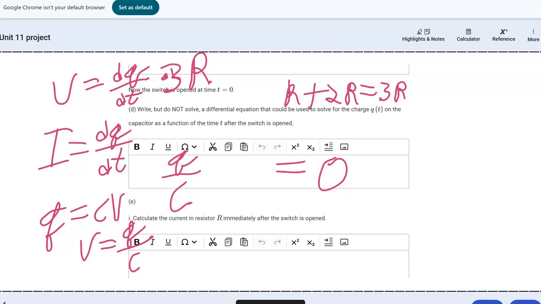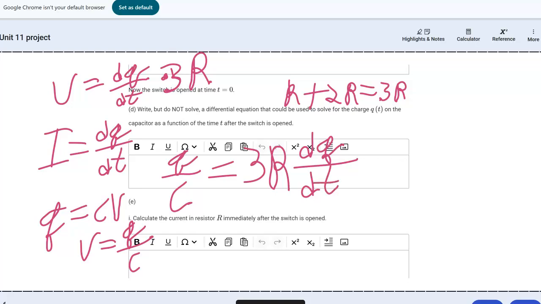So Q over C equals 3R times dq over dt. Then we would rearrange and move this Q to be with dq over dt, get the R and the C on the same side, and that would be our differential equation.